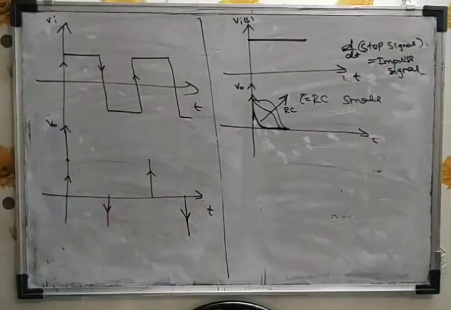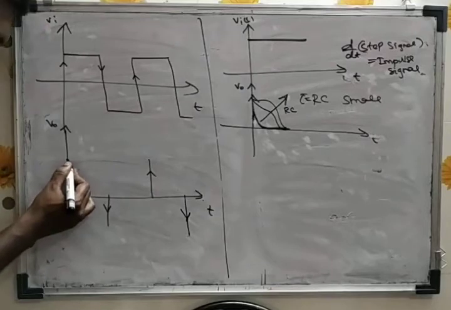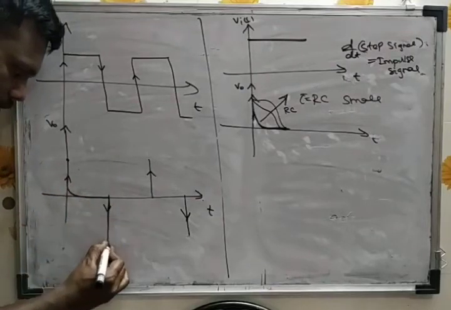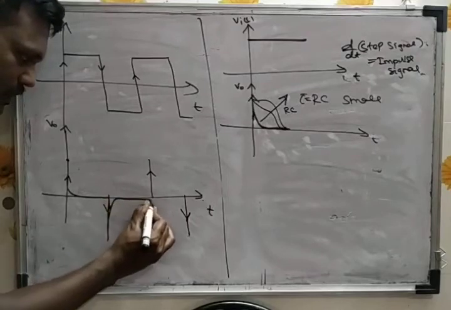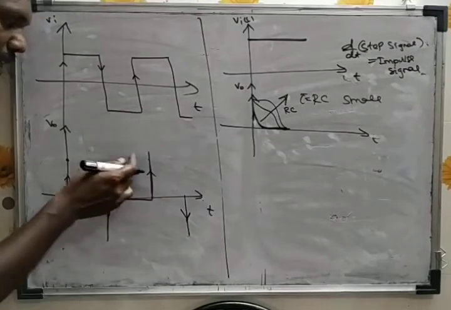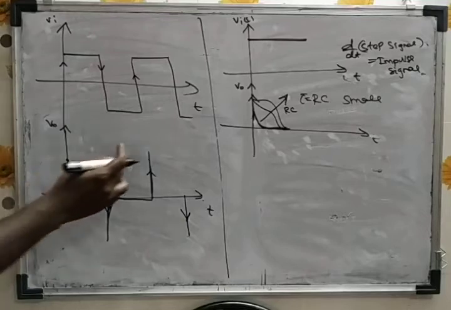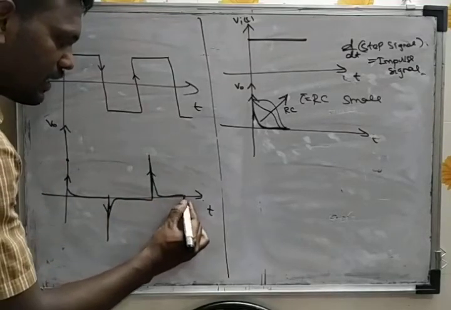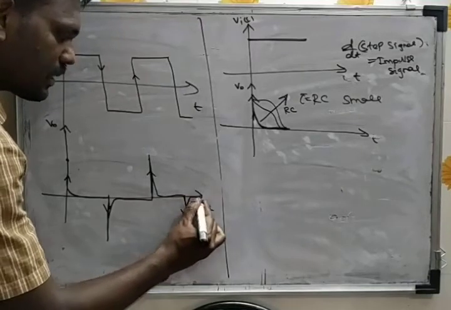But when you select a small RC value, we get a small discharging time like this. You cannot get the exact impulse signal. Instead, you are getting a narrow spike signal.